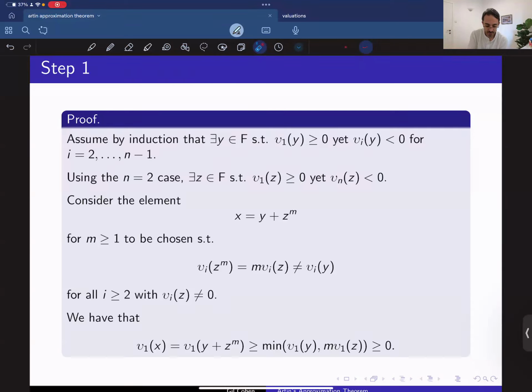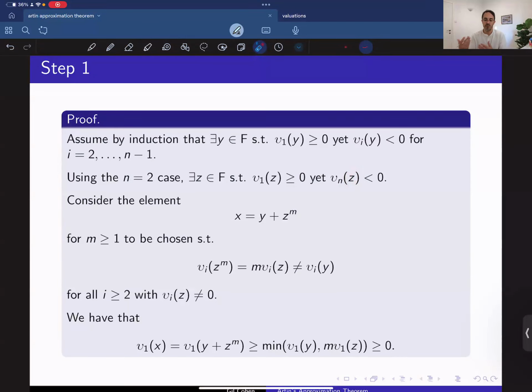Because, let's see, what is Vi of Z to the M? It's M times Vi of Z. And if Vi of Z is non-zero, then one can certainly choose M such that M is not equal to Vi of Y divided by Vi of Z, right? And if Vi of Z is 0, you see, I chose Z according to V1 and Vn.